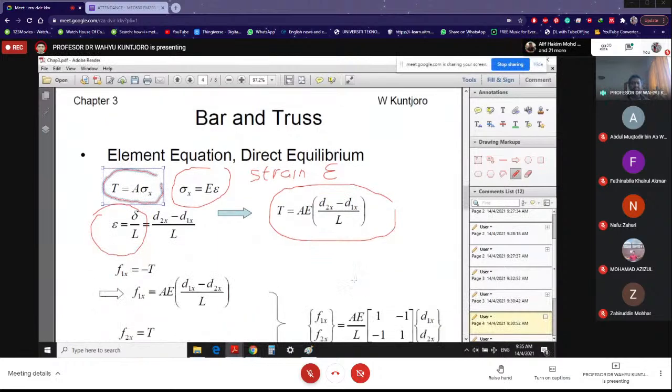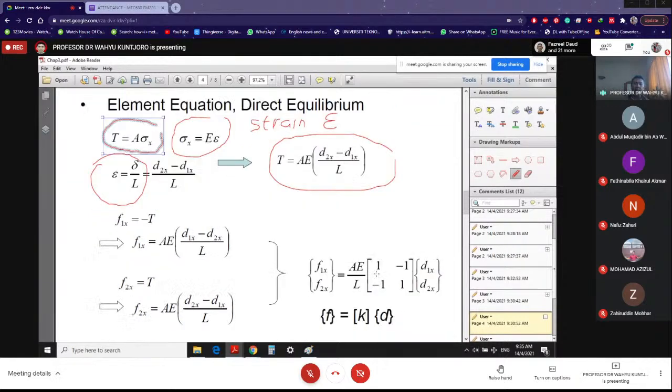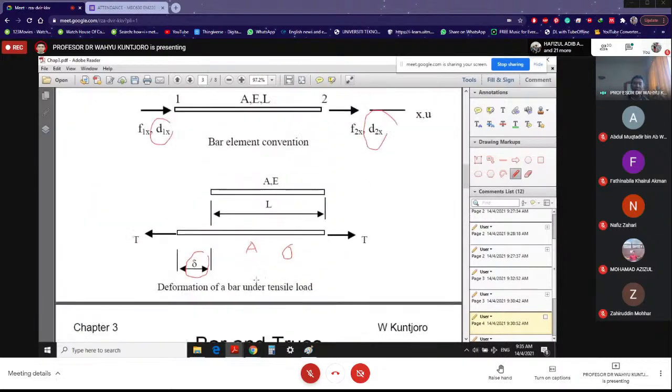Okay, so this is our equation for bar. Again, the same as what we have done on the spring. F1x equal to minus T, F2x equal to T. That is because of this observation, this F2x must be that force, and this F1x must be that force.